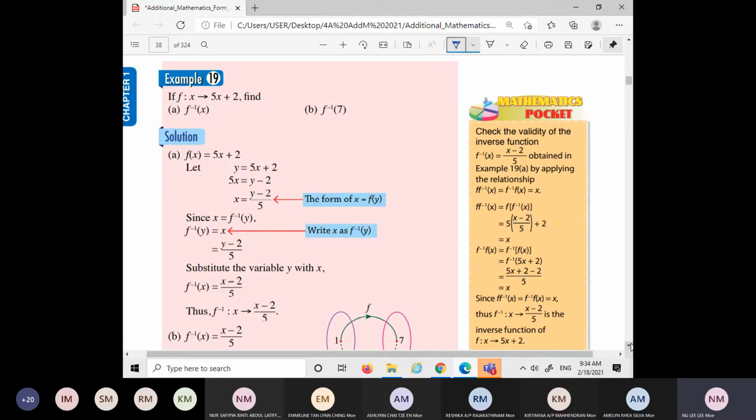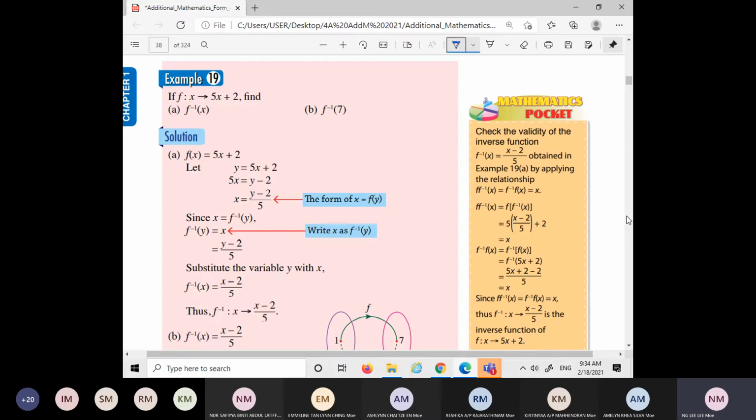So how do you find the inverse? Same like that day, you change the subject. Given f(x) is 5x plus 2, first of all, part A, you have to find the inverse function. So this is how you do it.